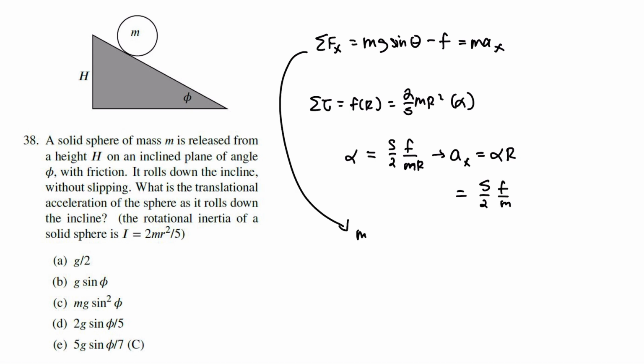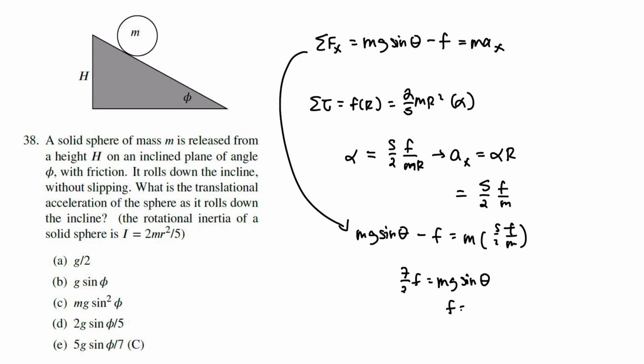So then we know that mg sine theta minus f is equal to m times 5/2 f by m. And then we get that 7/2 f is equal to mg sine theta.